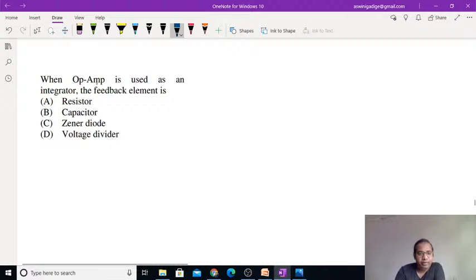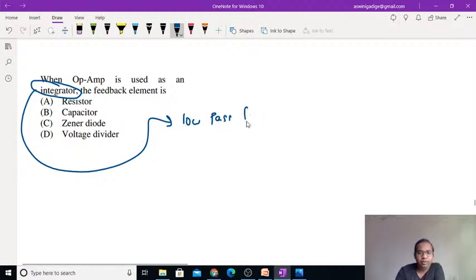Next, when op-amp is used as an integrator, what is the feedback element? So first of all, an integrator is nothing but a low pass filter.